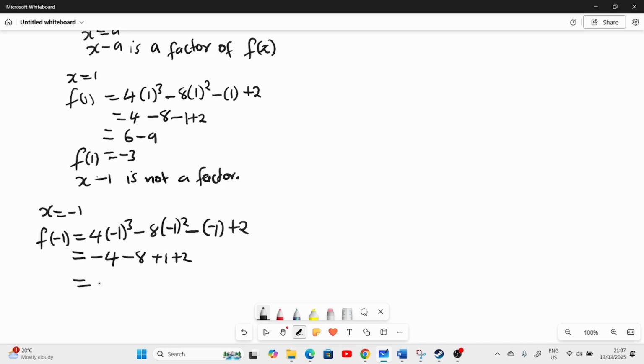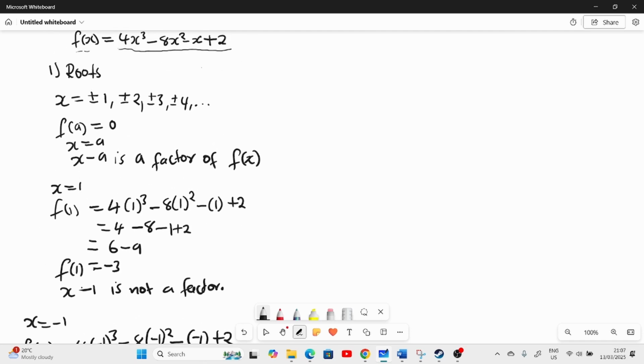This is going to give us negative 9. So this means that x plus 1 is not a factor as well. So you continue investigating.